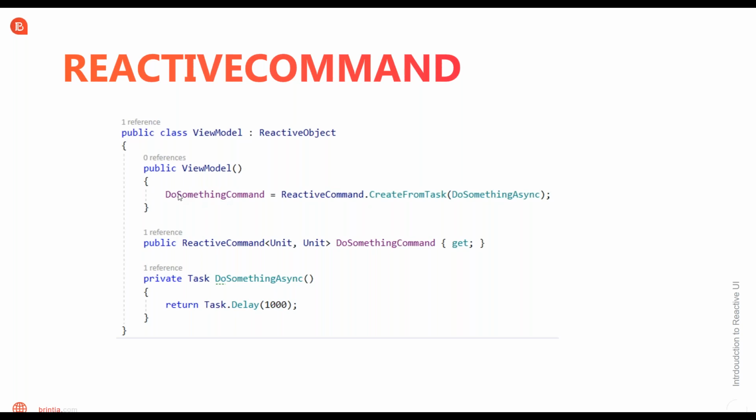So if you attach this do something command to a command in the interface, whenever you click it, you will be in front of an automatically grayed out button that becomes disabled whenever you click it while the operation is taking place.